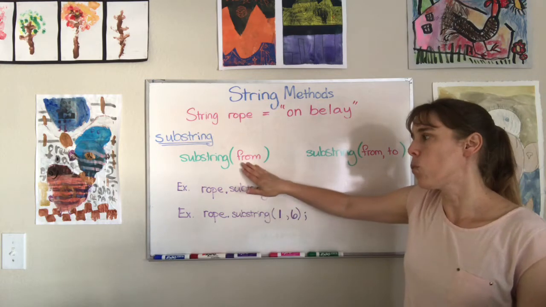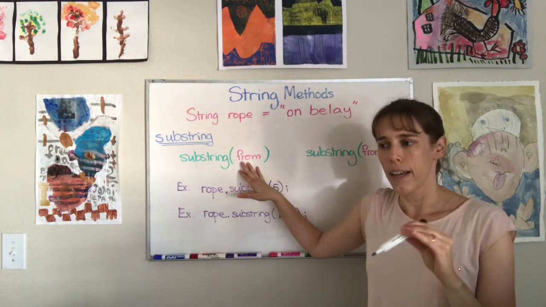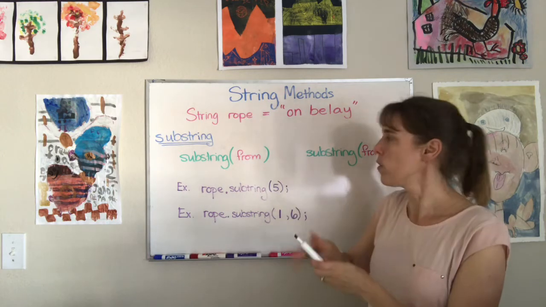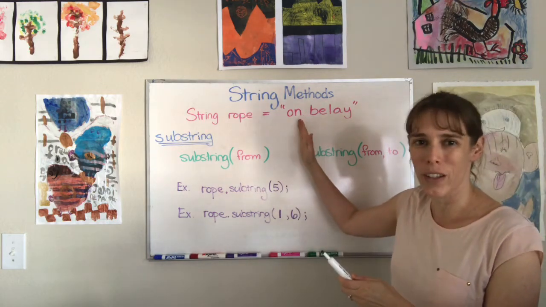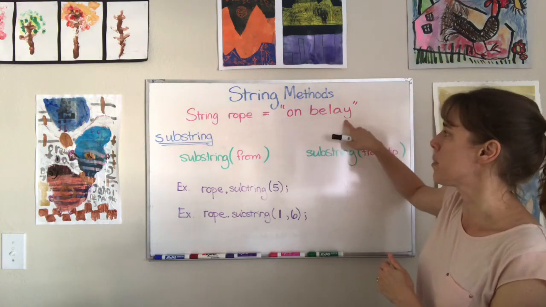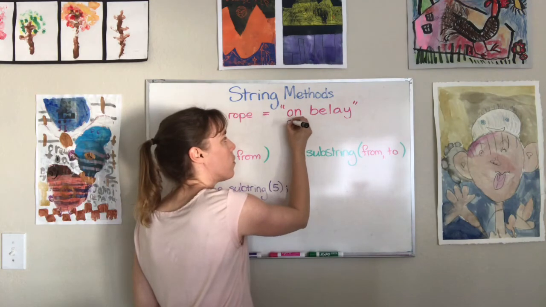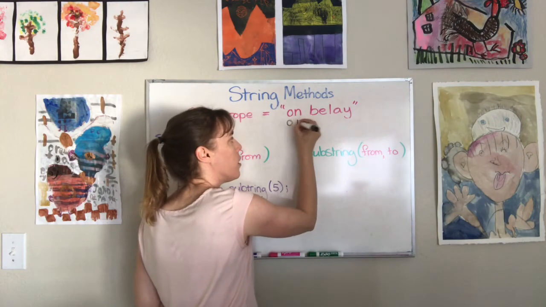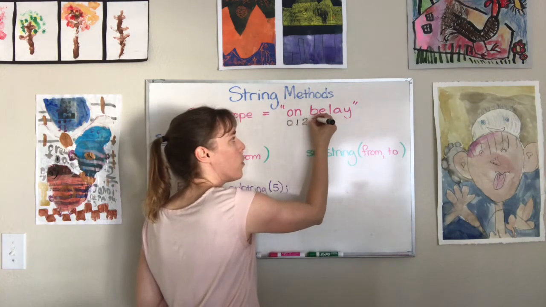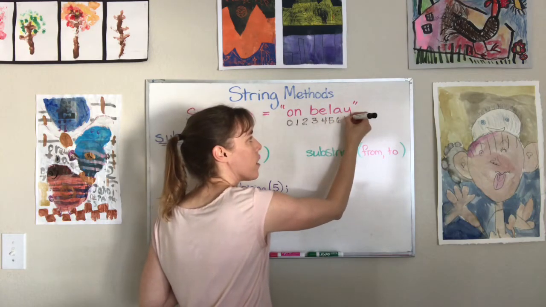If it takes one parameter, then the number that you put in is the starting index for the piece of the string you're going to send back. So first I'm going to number this so this makes sense. The very first character we start with is 0, and then we go to 1, the space is 2, 3, 4, 5, 6, 7.